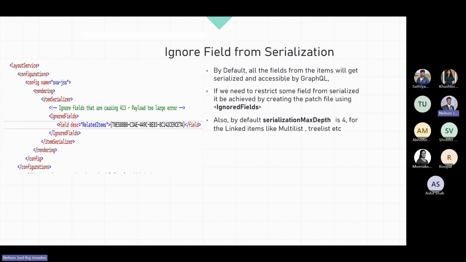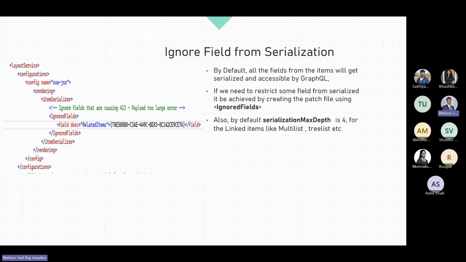For example, I'm using item A. If you're trying to get all the data of item A, you will use a layout query, and I use the attribute as rendered. That means it will give the entire data from the template A item. Here I have a multi-list, that multi-list is linked to some other item, and that item is linked to some other item, right? So what will happen? It will hit the maximum serialization depth.